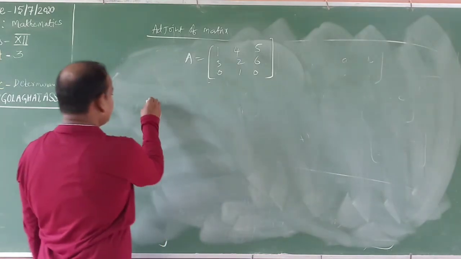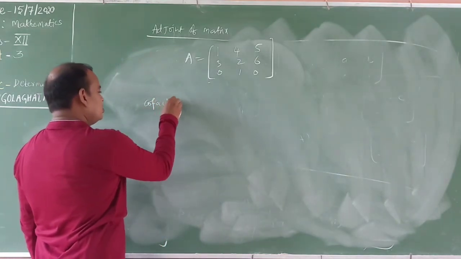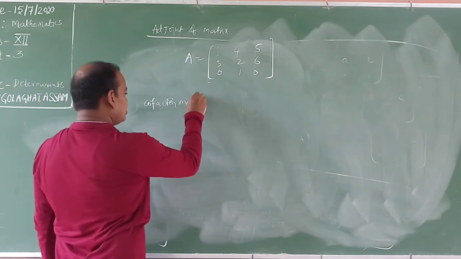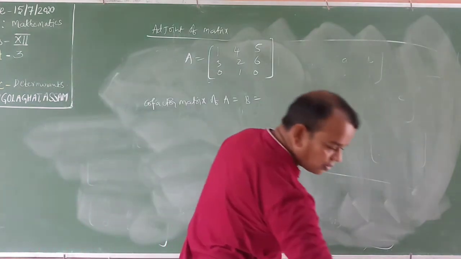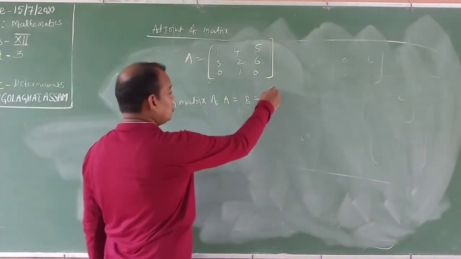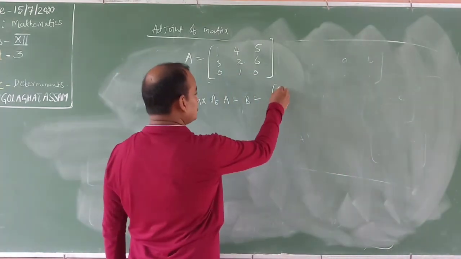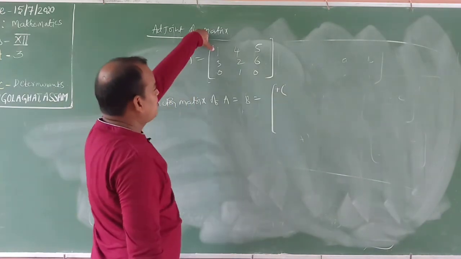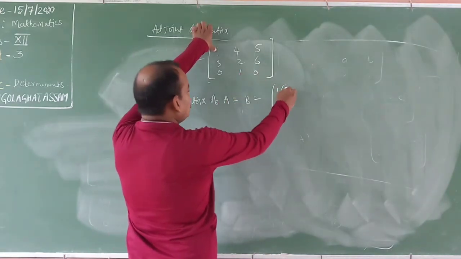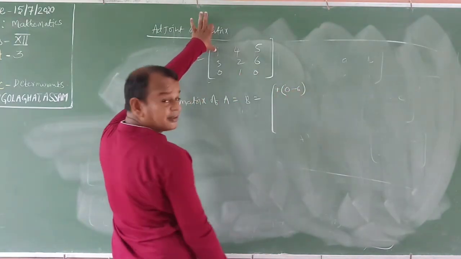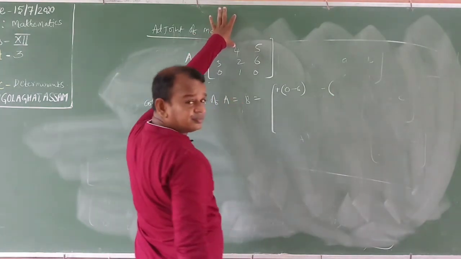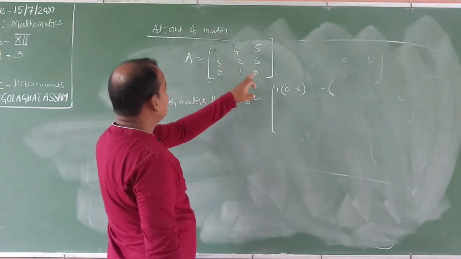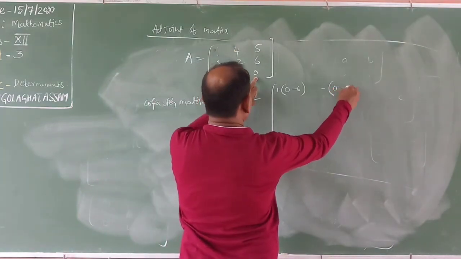Now the cofactor matrix of A. How to find the cofactor matrix? You know very well. Okay, one by one. First one is plus: the cofactor of 1 is 2 into 0, 0, minus 6. The cofactor of 4 means minus: 3 into 0, 0, minus 0.